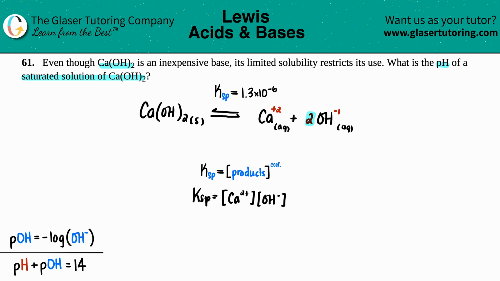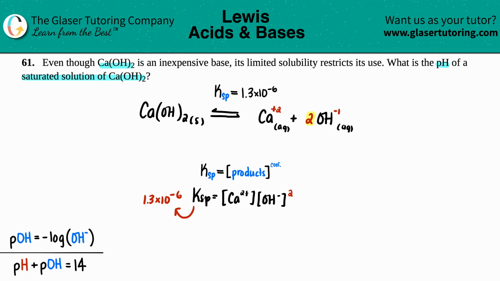I see a 2 in front of the OH, which means I have to raise the hydroxide concentration to the second power. We know the Ksp was 1.3 times 10 to the negative 6th, but I don't know the concentrations for calcium and hydroxide.